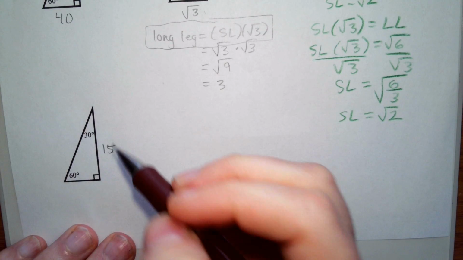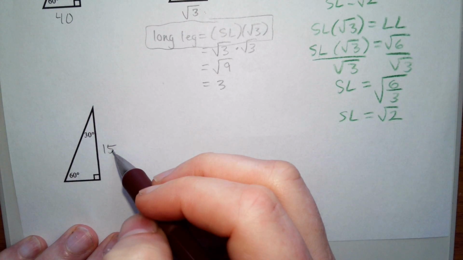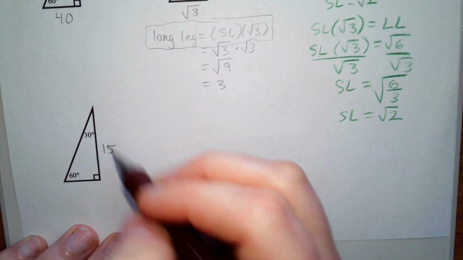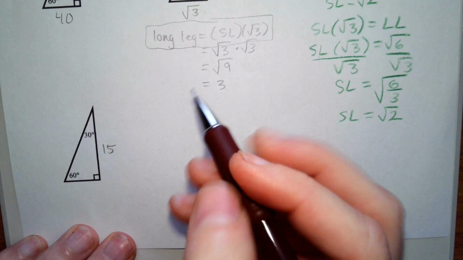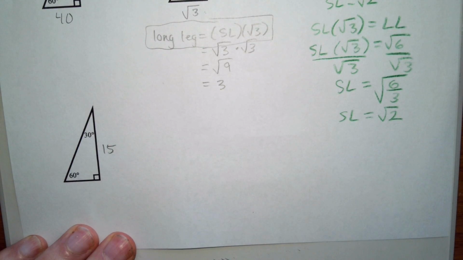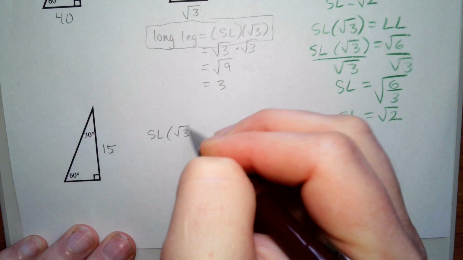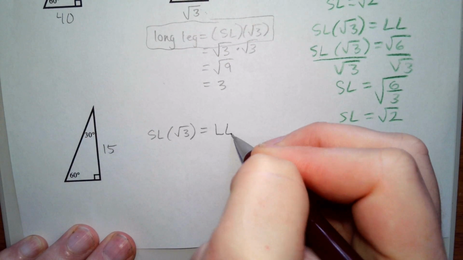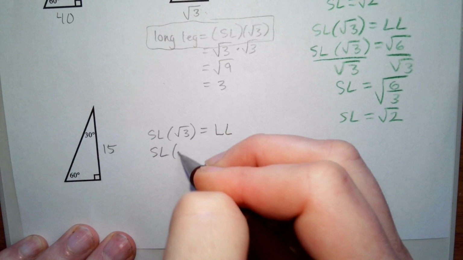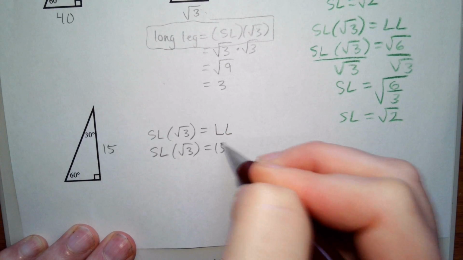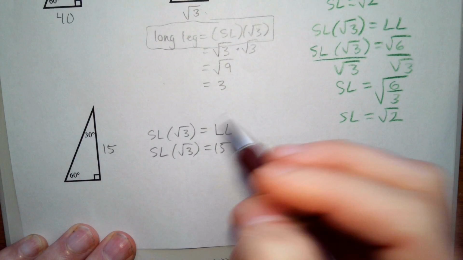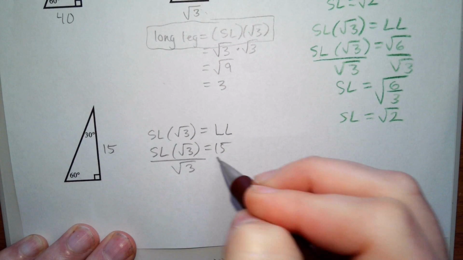Well, once again, if I know the short leg, I can figure out everything else. So that's usually my go-to to solve for first. Okay, so I know that the short leg times root 3 is equal to the long leg. So the short leg times root 3 is equal to 15. Divide both sides by root 3.